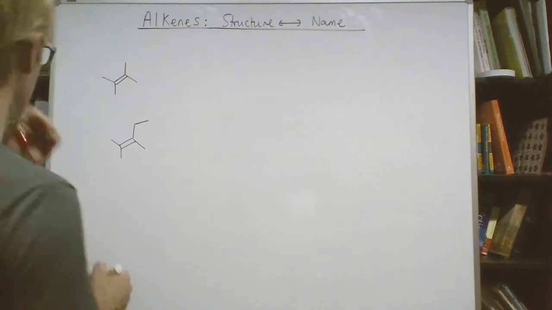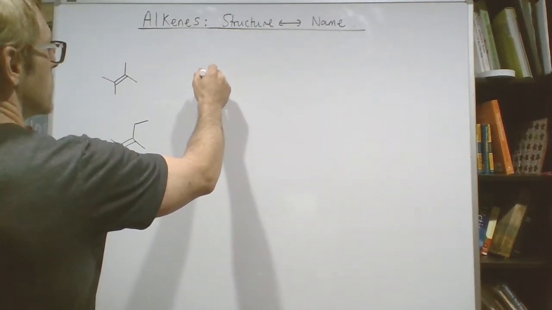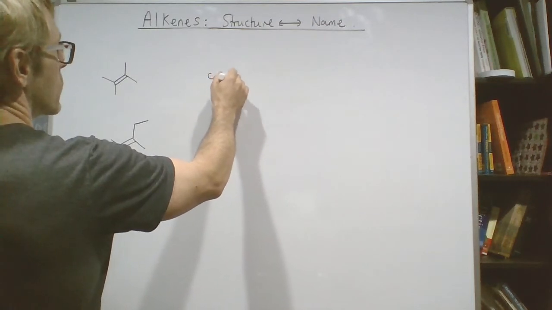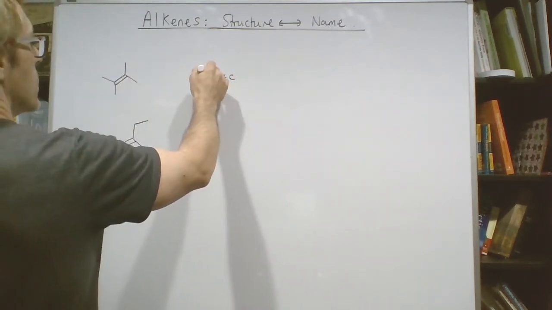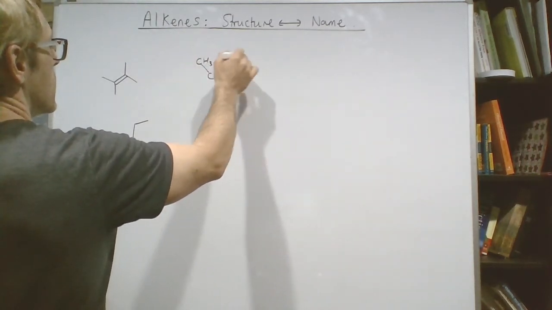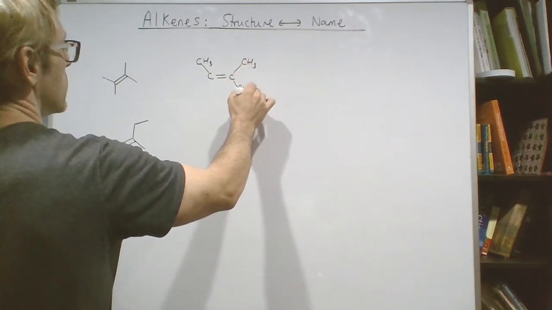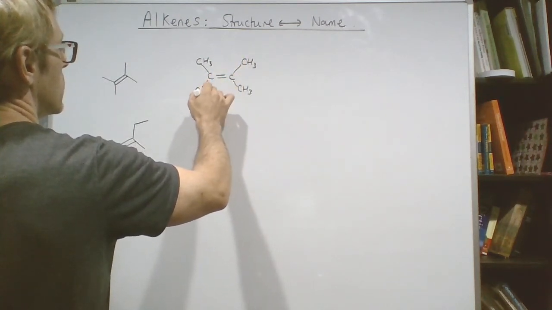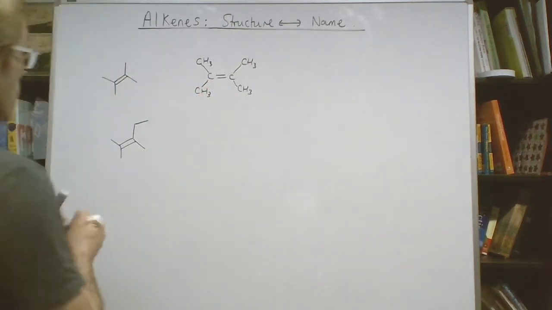Okay, so if we look across the double bond, let's redraw. We've got that double bond, and then it looks like we have methyls above and below.